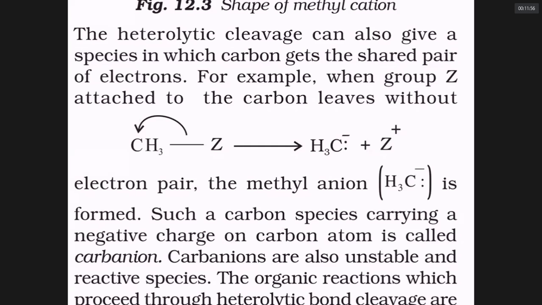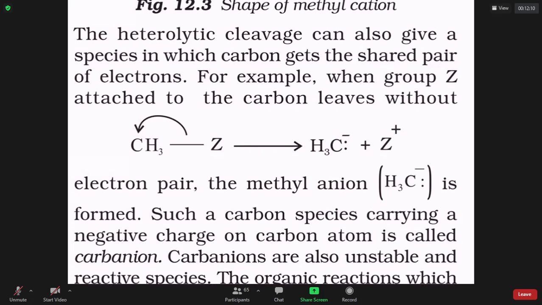The carbanion forms when carbon is linked to less electronegative groups, when carbon is linked to copper, silver, magnesium, lithium, the carbon gets electrons. Here the complete sigma electrons are going to carbon.